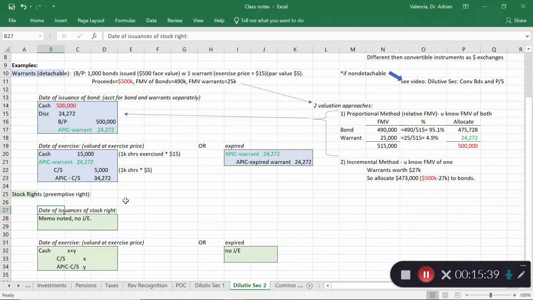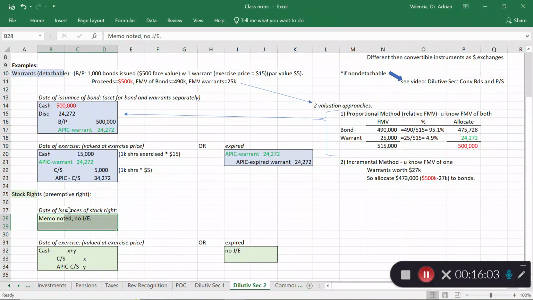When they are issued, so they give these stock rights to existing stockholders, there's no journal entry, because at this point there is no exchange of cash like occurred here with the sale of the bond. So it's just a memo that we note of who was issued a stock right or the warrant to be able to purchase more shares.